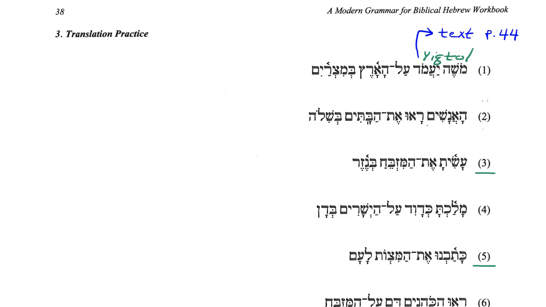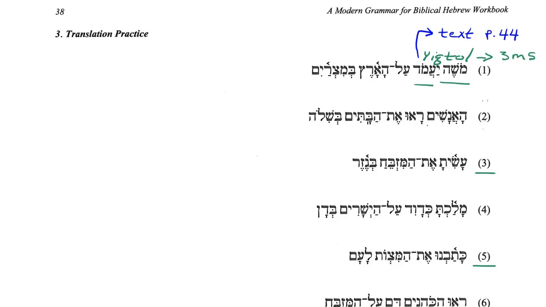And the chart on page 44 tells us that this means he will stand. We also learn that because it means he stands, it is a 3ms, third masculine singular, and that matches Moses. Moses is masculine singular. So they match, and so we can put the subject together with the verb.